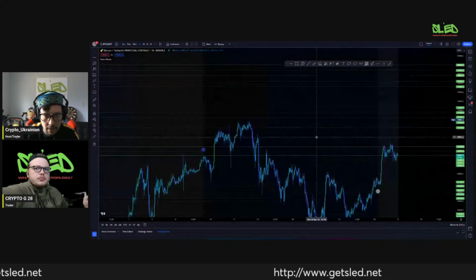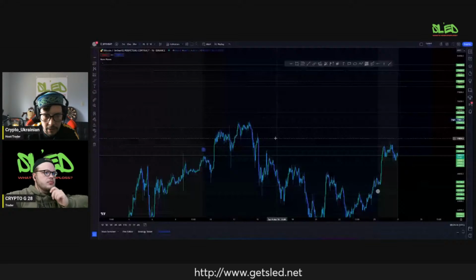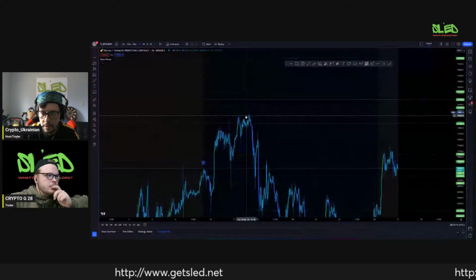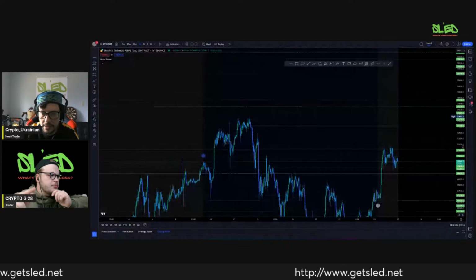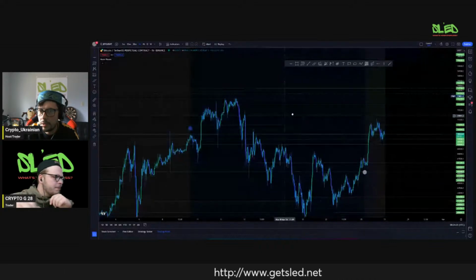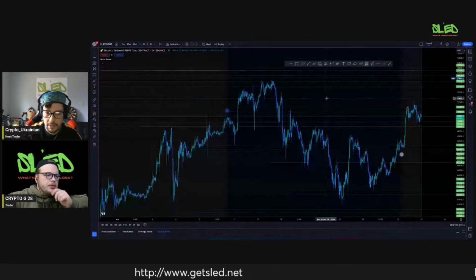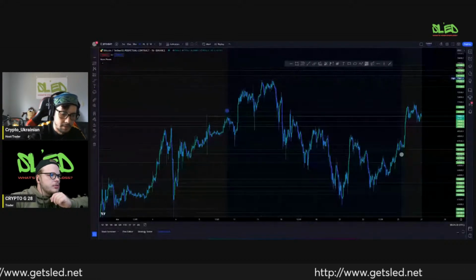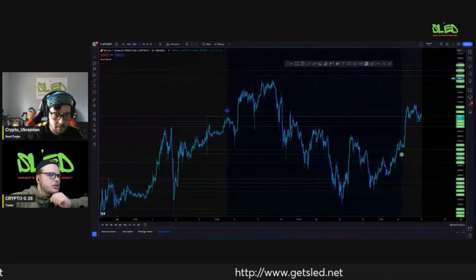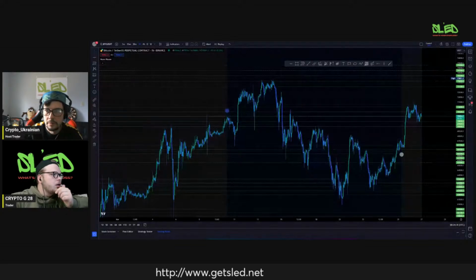Look, perfect line. And a swing fail. So I'm good with the accuracy of these lines. It's a lot of lines, but it's good to see, and then compare them to the turning points.